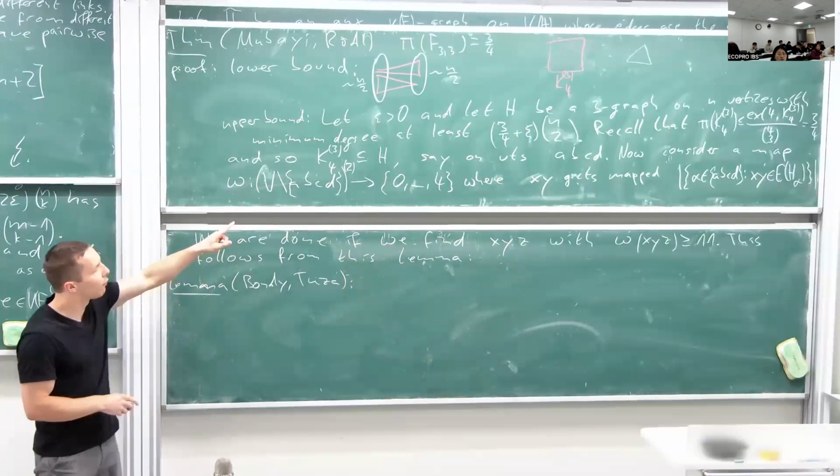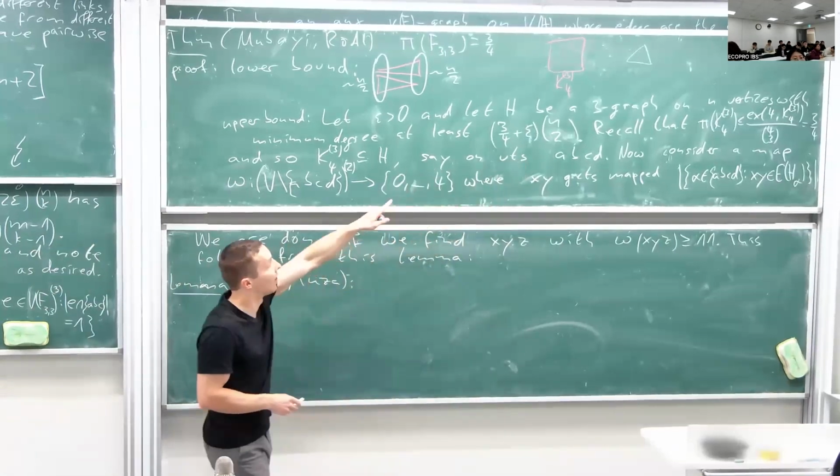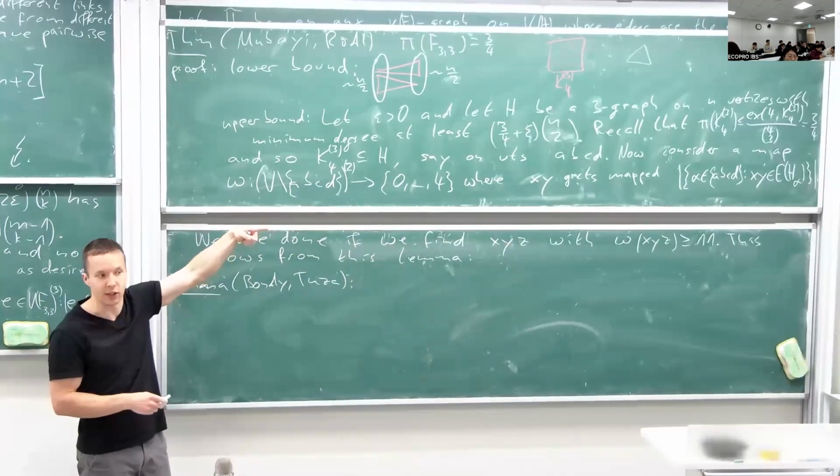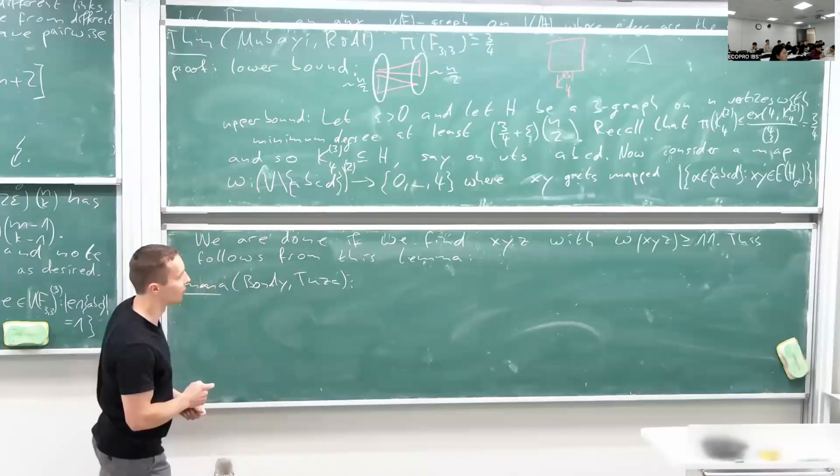Namely, we have 4 times essentially this. We subtract a little bit because each of the links also sees 3 edges on the K4, but because we have the epsilon room that won't matter.